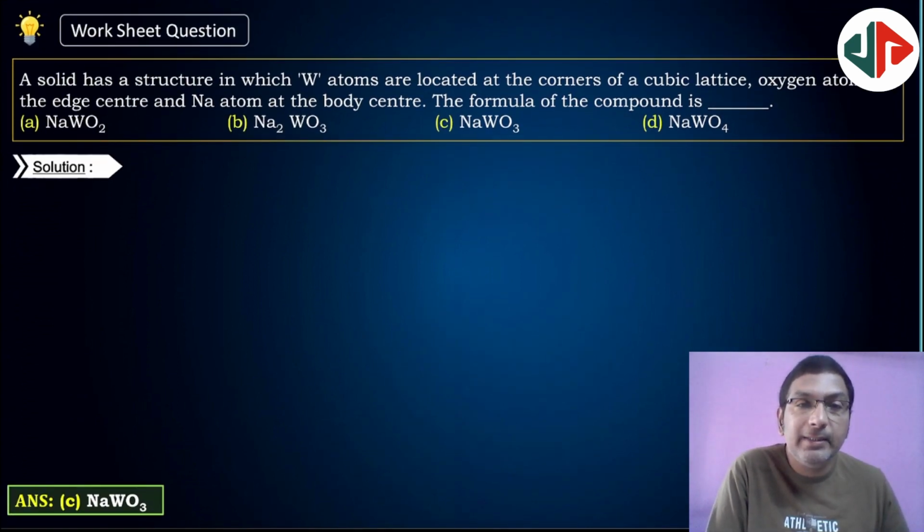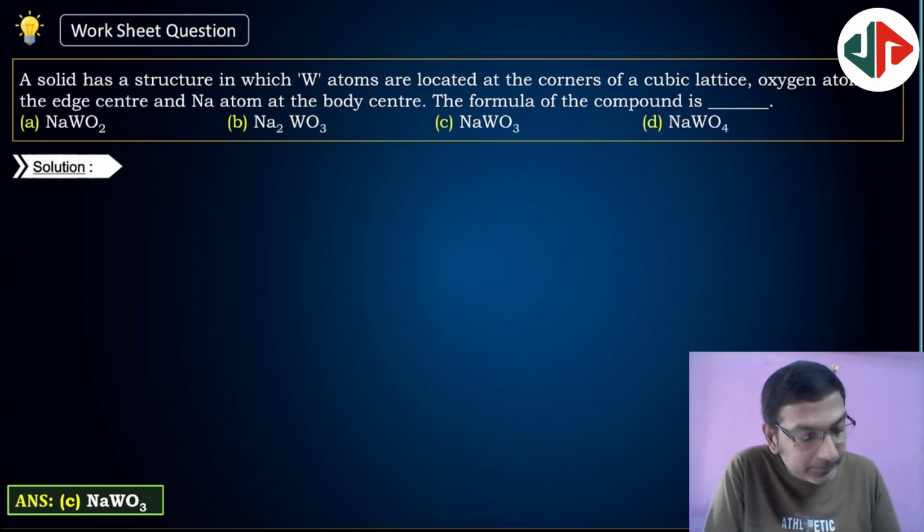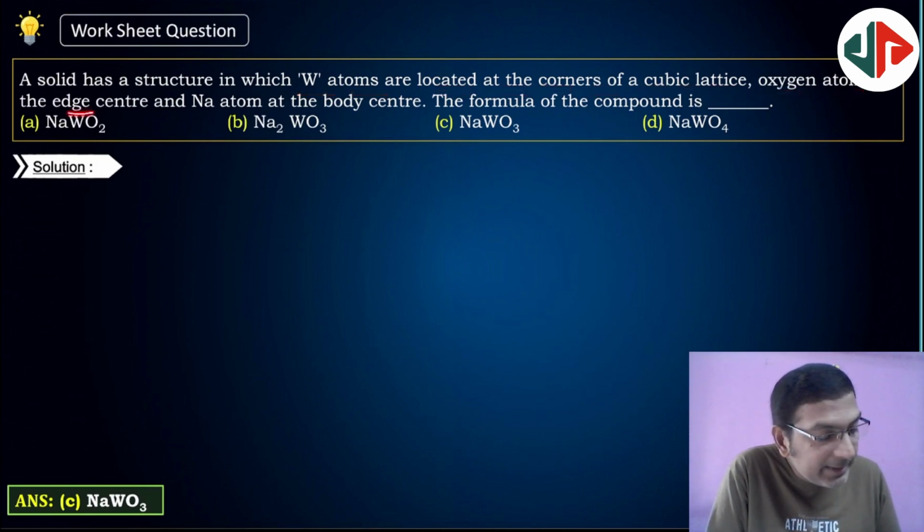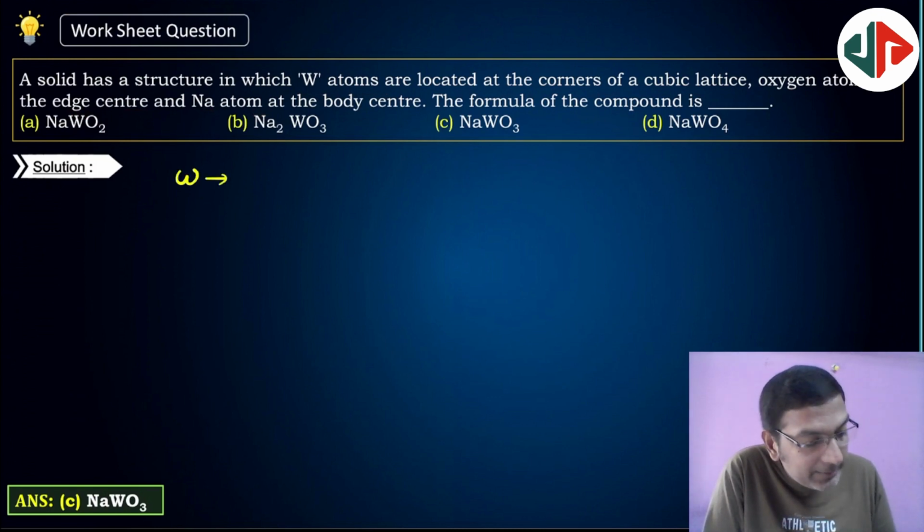A solid has a structure in which W atoms are located at corners of cubic lattice, oxygen atoms at edge centers, and the sodium atom at body center. The formula of compound is? So first I will write position. So W atoms are located at corners.